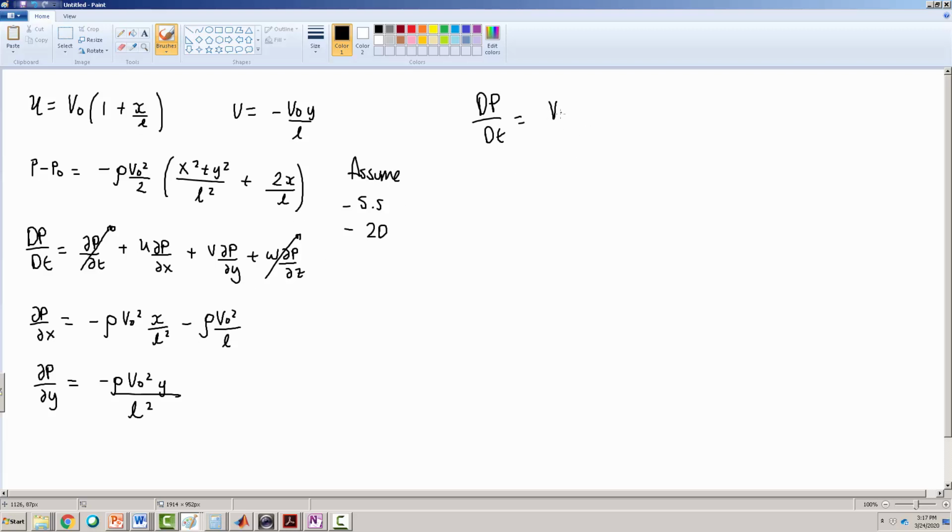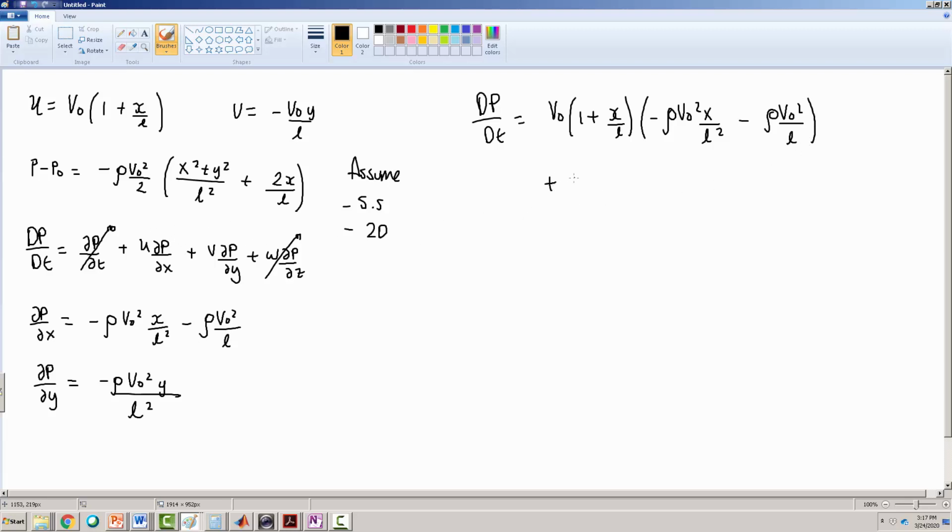So u is simply V0 (1 + x over L), and then the ∂P/∂x, as we calculated, is simply minus rho V0 squared x over L squared minus rho V0 squared over L. So that's the first component that we have over here.